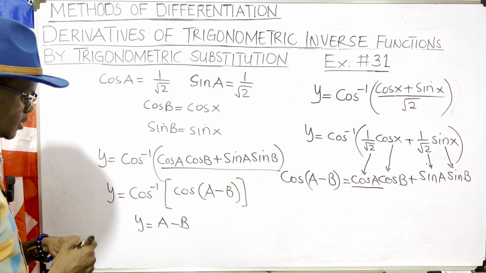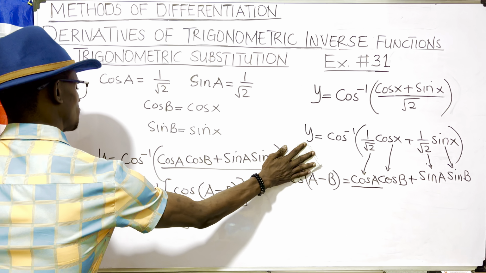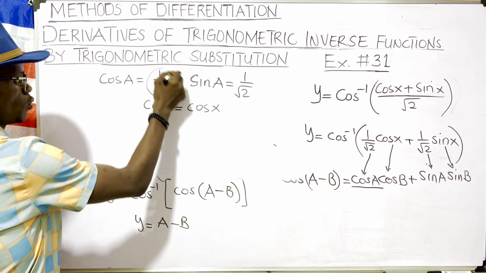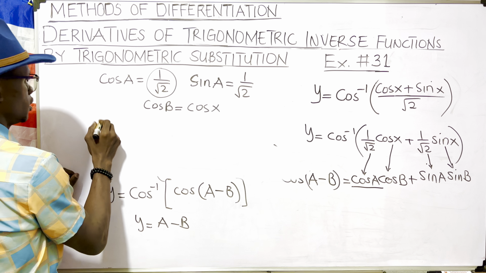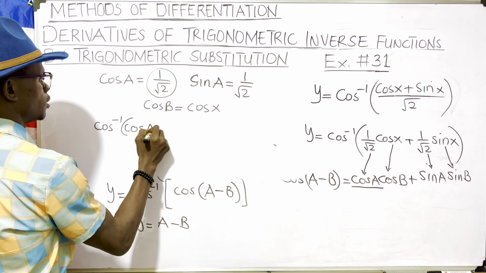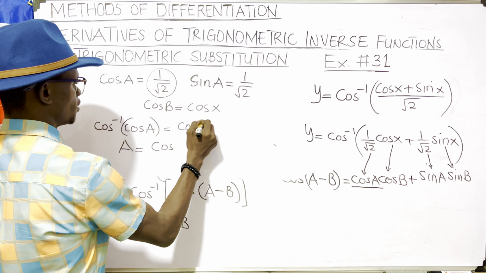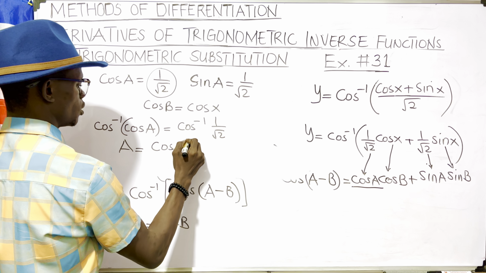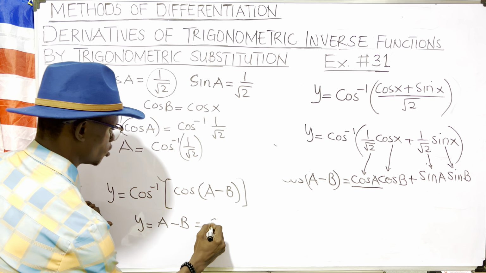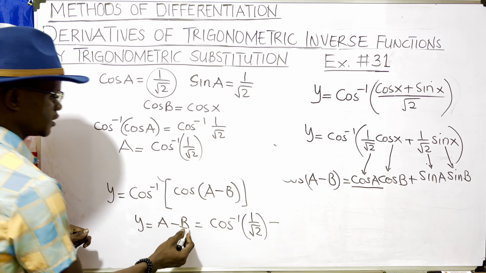But what is our a and what is our b? So from the beginning of the problem, we had cos of a equal to 1 over the root of 2. So we can now take cos inverse on both sides, so that this gives us a, which is just equal to cos inverse of 1 over the root of 2. So a now becomes cos inverse of 1 over the root of 2, minus, what is b?